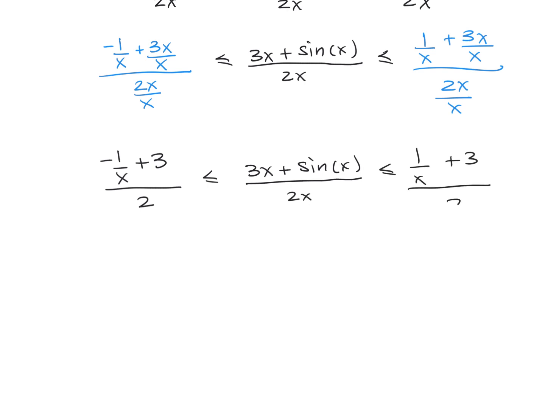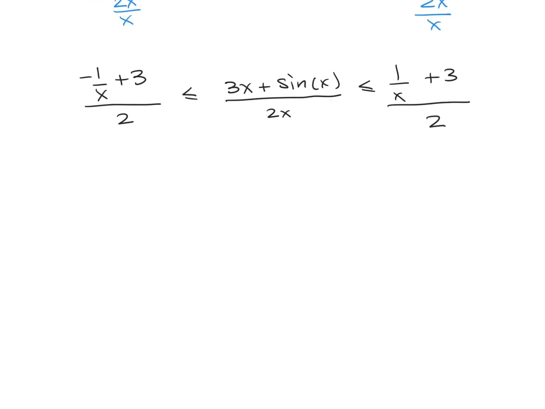3 divided by 2. And then just like other squeeze theorem problems, we're going to take the limit as x goes to infinity of all three parts of this inequality.